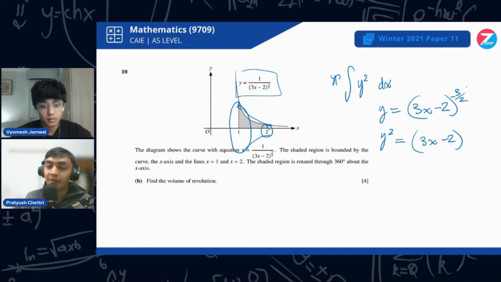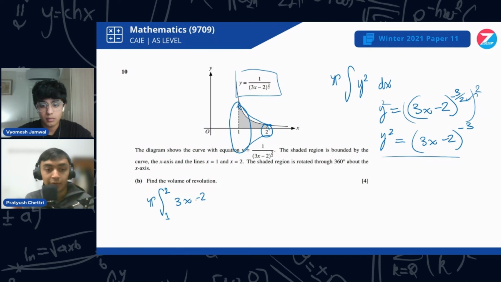If I square this, remember guys, the 2 and the 2 multiply, which is why we end up with minus 3. So this is y squared. Now I'm going to integrate from bound 1 to 2, and I keep my pi outside. I put in my y squared, which is 3x minus 2 to the power minus 3 dx.